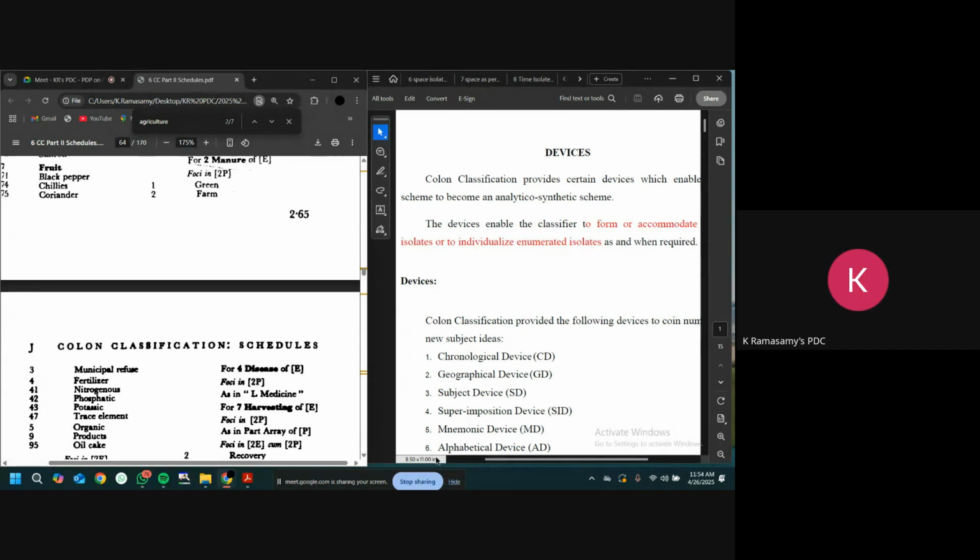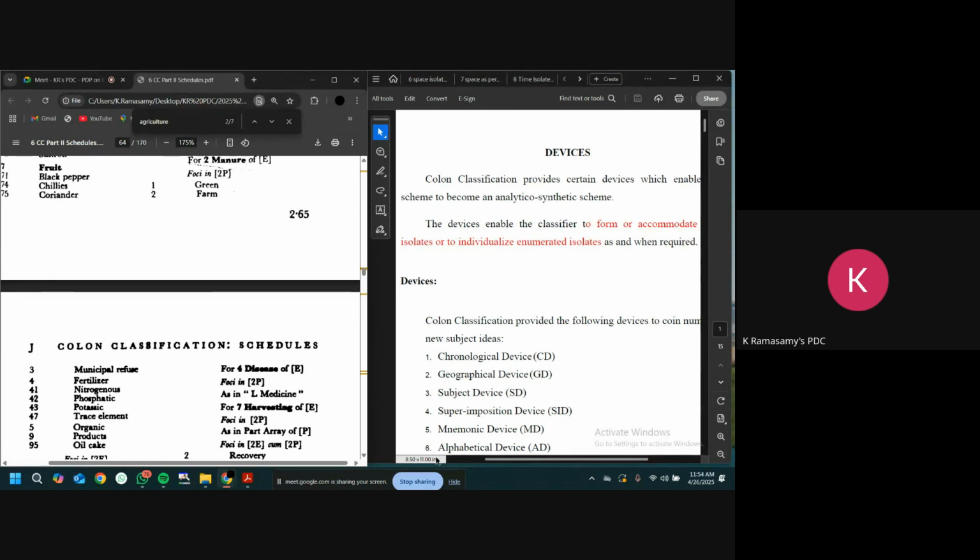So Ranganathan has listed a good number of personalities, matter, energy isolates, everything in the schedules. But apart from whatever Ranganathan has given, for example, you want to construct your own number based on a demand. That means either you want to create a new isolate number, or you want to sharpen the already existing isolate number.